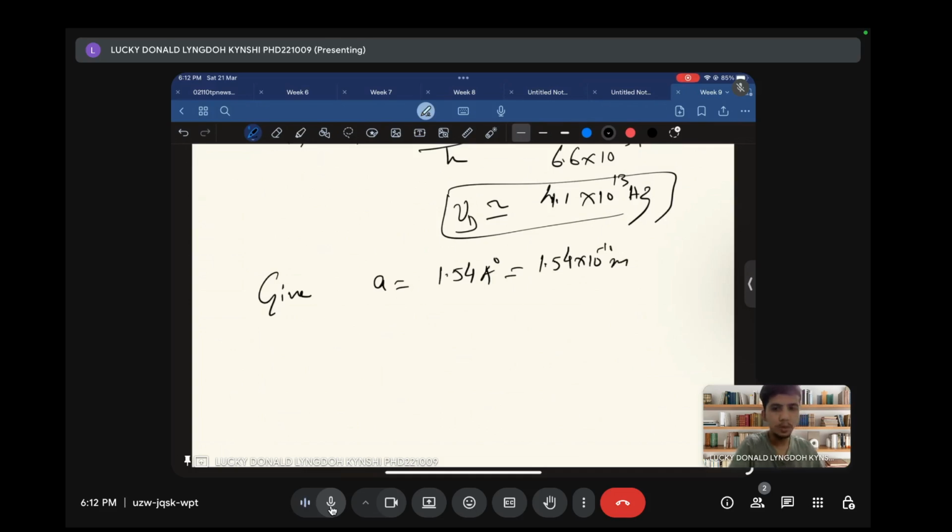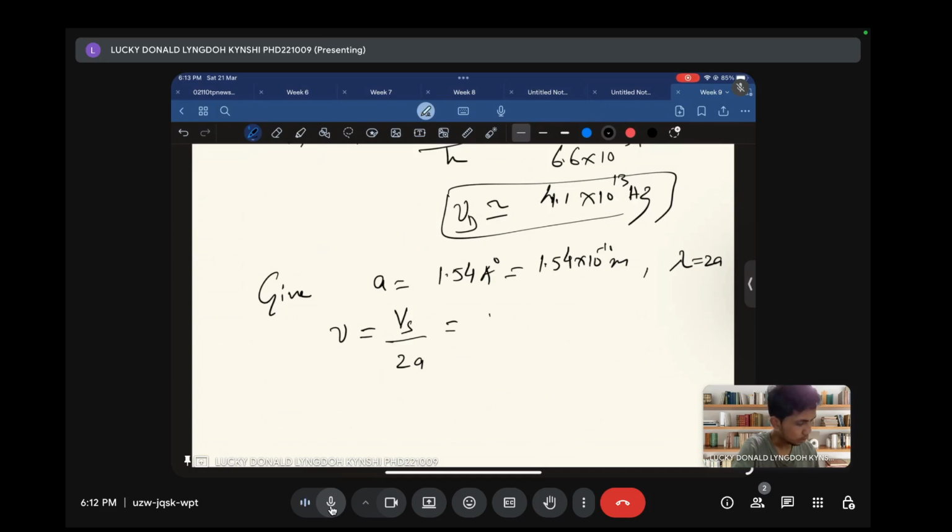So how will the frequency be? The frequency mu is equal to Vs, the velocity of sound, divided by 2a. Why? Because lambda is equal to 2a. So frequency is equal to Vs by lambda, which is equal to Vs by 2a.